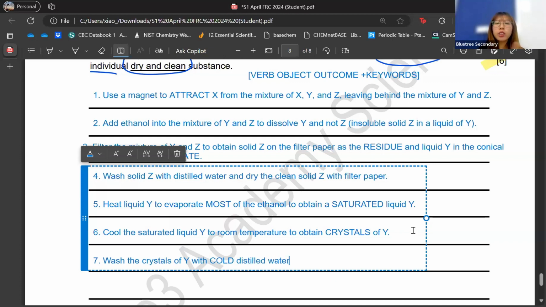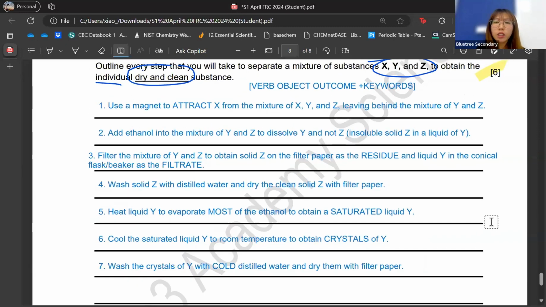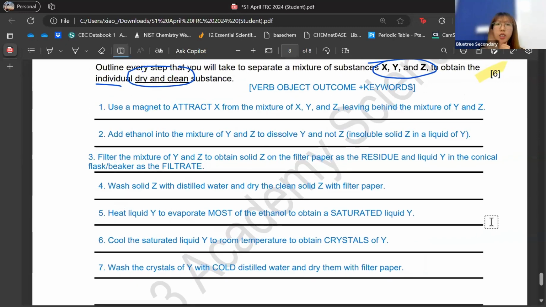Okay, so wash the crystals of Y with cold distilled water and dry them with filter paper. So the end. This would be the 7 steps with all of these necessary keywords following the general answering structure of verb, object, outcome plus keywords for you to obtain the full 6 marks.